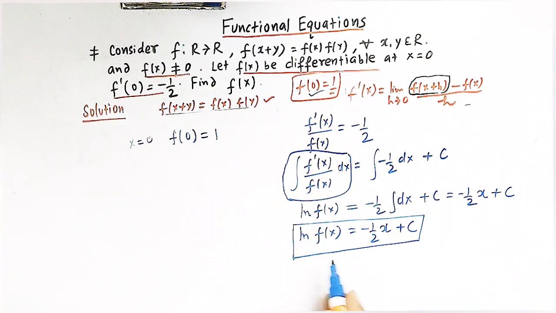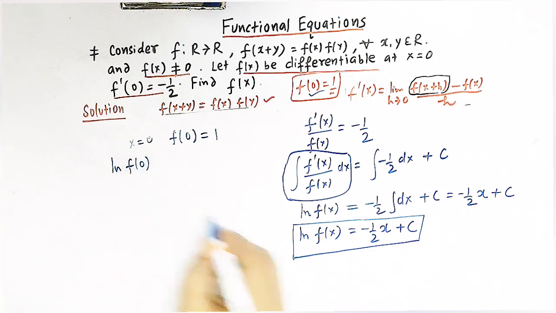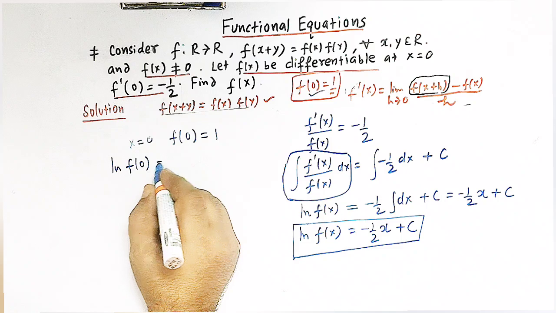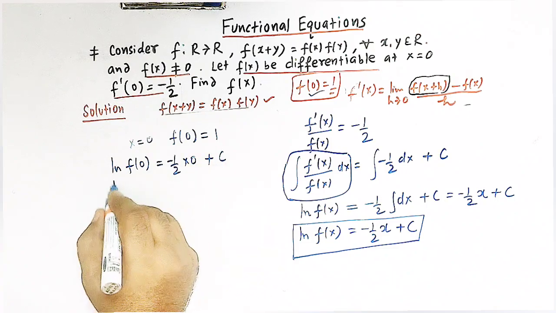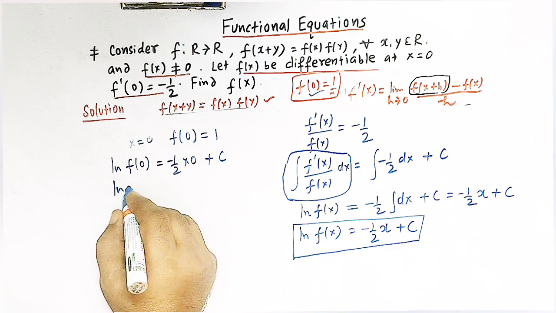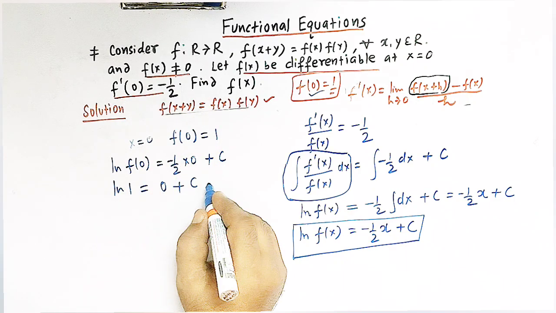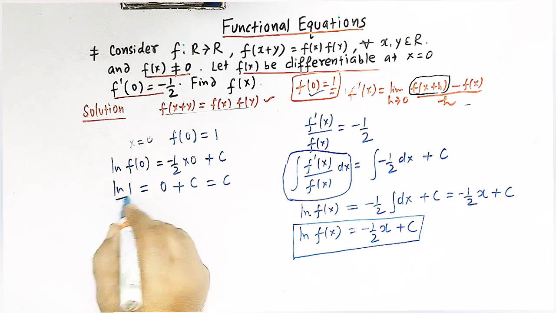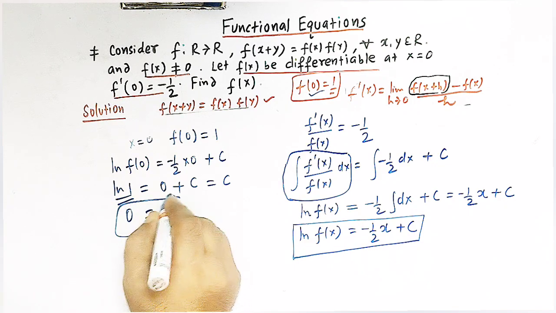So utilizing this condition over here, we have log of f of 0, taking x is equal to 0, we have minus half times 0 plus c, and this is the natural log of 1, and this term is 0. We have c that is equal to c, and log of 1 is 0, so c is equal to 0.